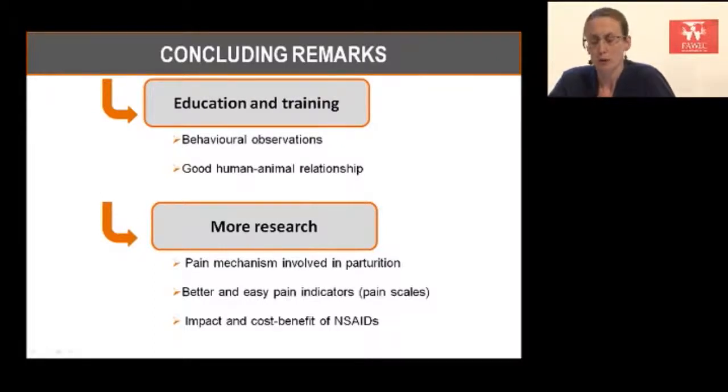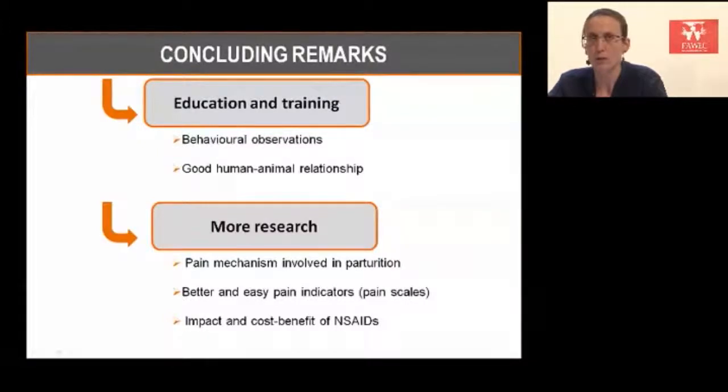And also, we know that a good human-animal relationship, at least during parturition, has an important effect. So we know that veterinarians and producers have to increase their education and training in general in order to perceive this issue.